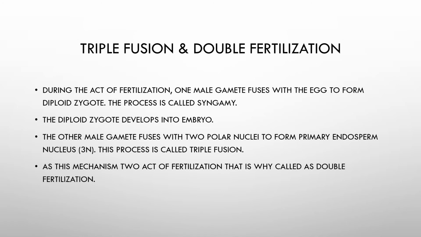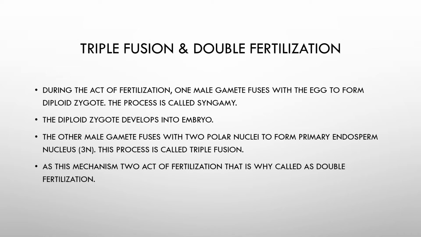So let us understand what is triple fusion and double fertilization. During the process of fertilization, first of all, one of the two male gametes fuses with the egg and forms the diploid zygote, because the gamete is at the ploidy level.